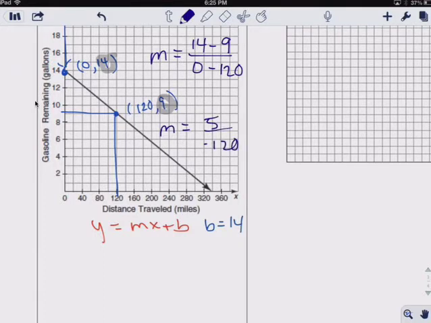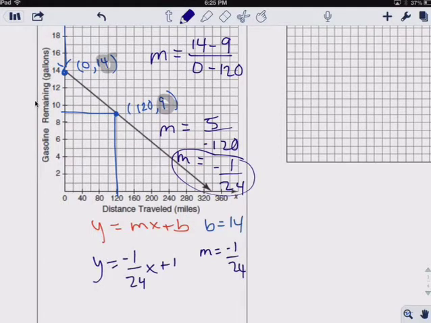That m is equal to 1 over 24. So we know that m is equal to negative 1 over 24. y equals negative 1 over 24x plus 14, right there.